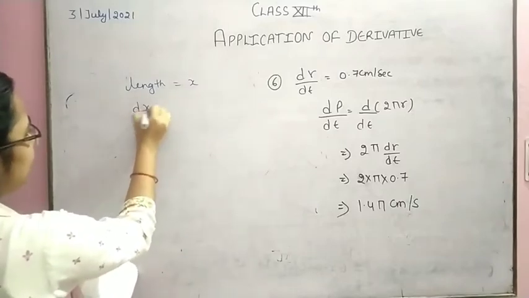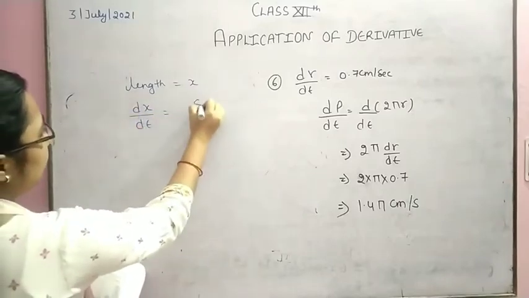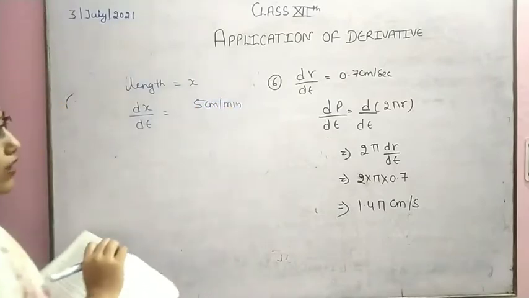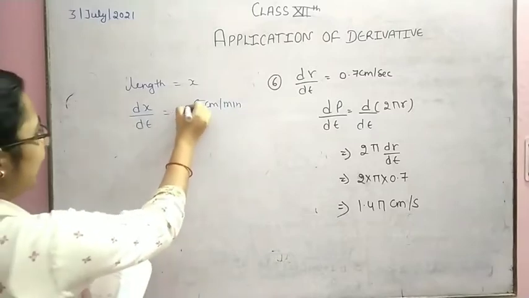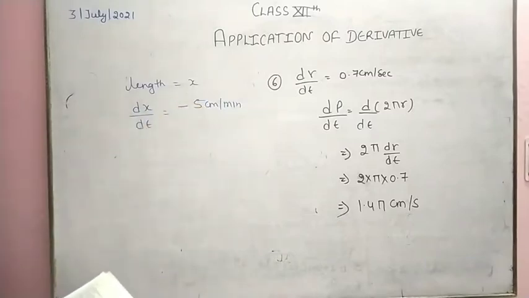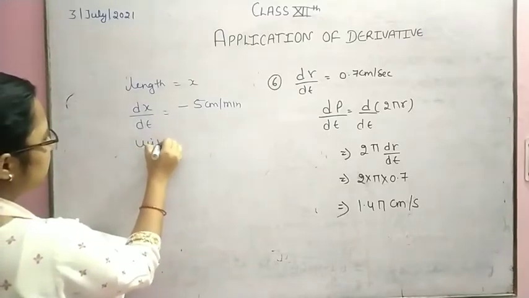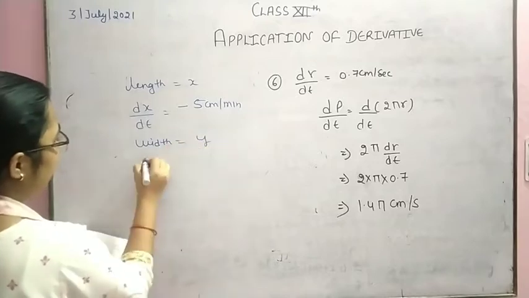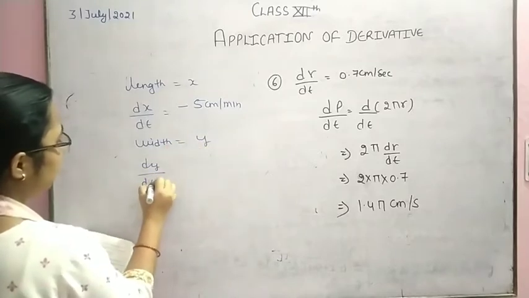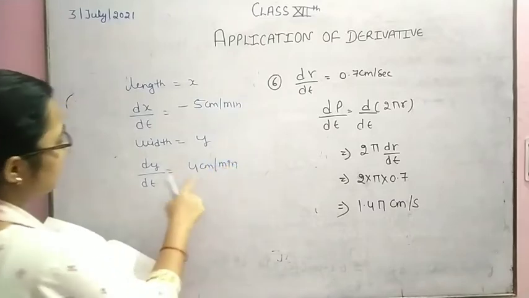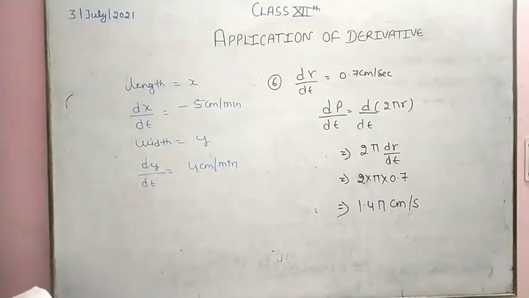So that means dx/dt is 5 centimeter per minute, and it is decreasing, so we use a minus sign here. And the width y is increasing at the rate of 4 centimeter per minute. So the width is y, and the rate of change of y is 4 centimeter per minute, because it is increasing, so we use a positive sign here.